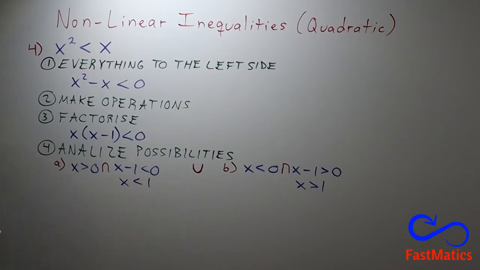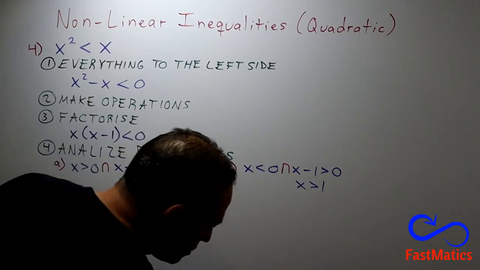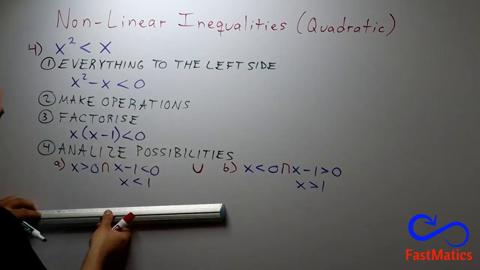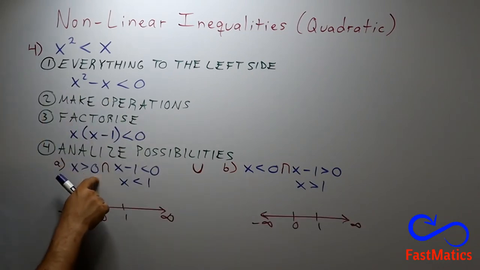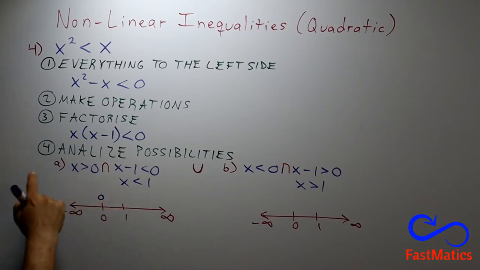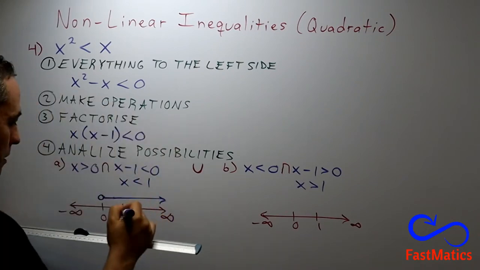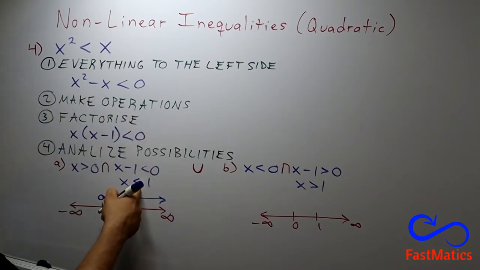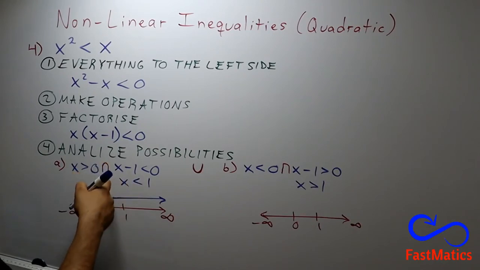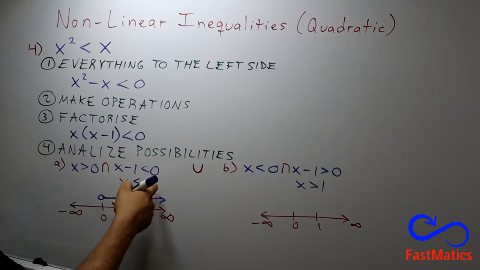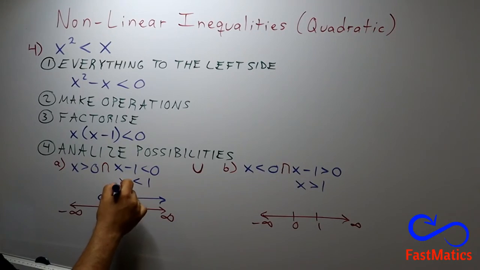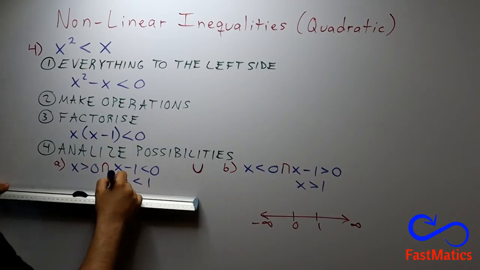So when you want to do an intersection, you must draw it in the number line. So numbers greater than 0, from 0 to the right side. And here numbers less than 1, so to the left side.